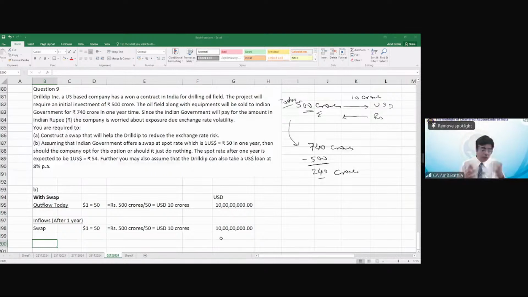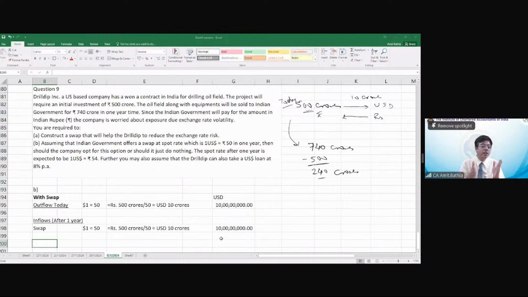In this case, it is beneficial for me because my currency is going to appreciate vis-a-vis your currency. So you will still have to give me USD 10 crores, which means this forex loss will be borne by whom? The other party. Are you with me? Yes.